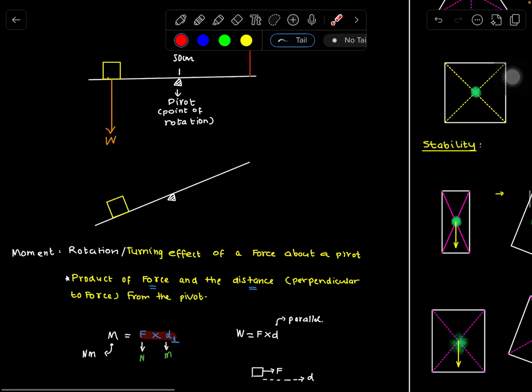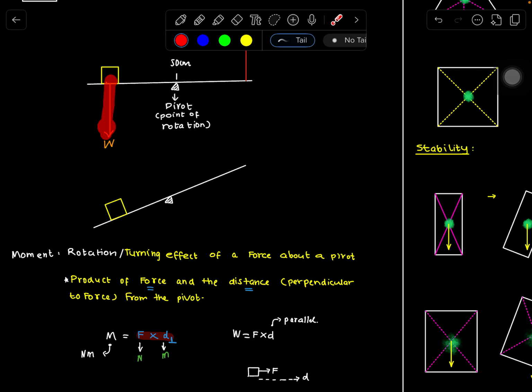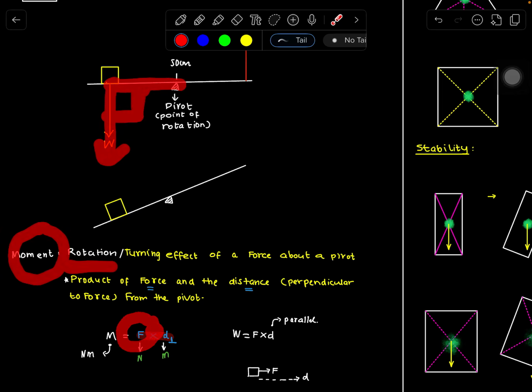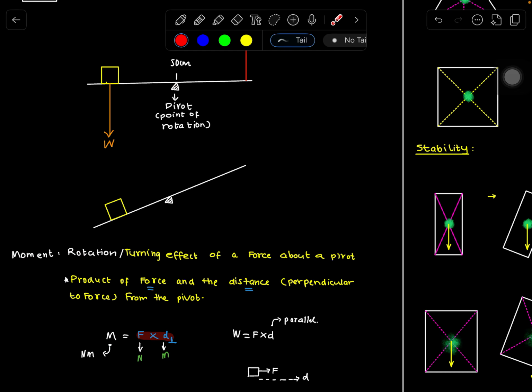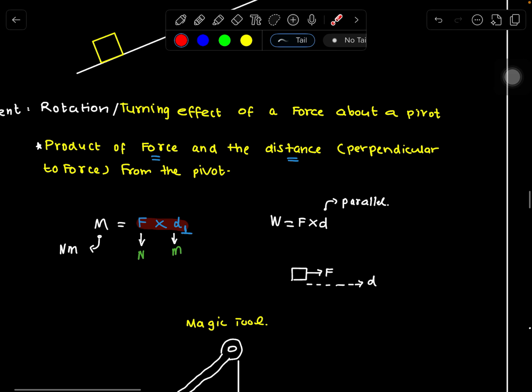Because here, if you notice, this is your force, and you're going to multiply that with the distance between the force and the pivot, okay? And these two are perpendicular. So moment or rotation is a product of that force and the perpendicular distance from the force to the pivot.